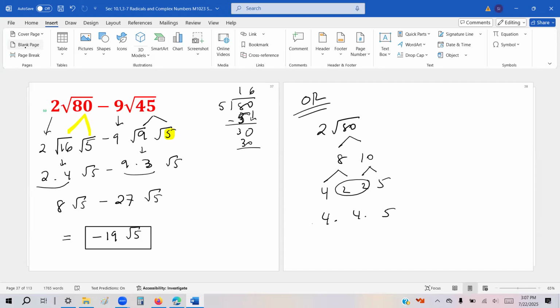So square root of 80 is square root of 4, square root of 4, square root of 5. So this gives you 2, this gives you 2, this is 5, and you have the coefficient 2. So how many do you have? 1, 2, 3, 8 square root of 5. So yes, you can do it with any numbers, but if you don't pick the biggest perfect square number, you have to keep reducing until there's no more perfect square number inside.